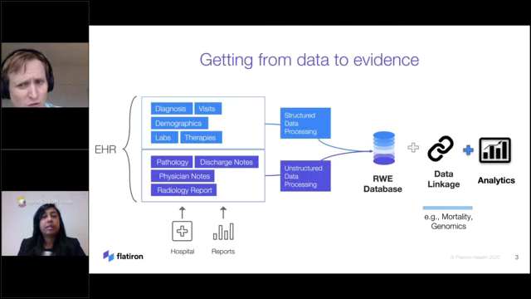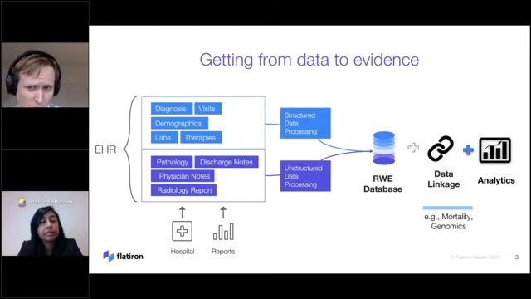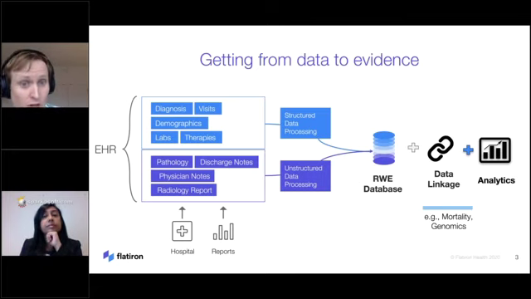The second side, which is where my colleagues and I work, is the research side. We work with life science partners, regulators, and health technology assessment organizations to use this data that we've established. This slide shows the pathway from getting data to evidence, starting with the EHR.